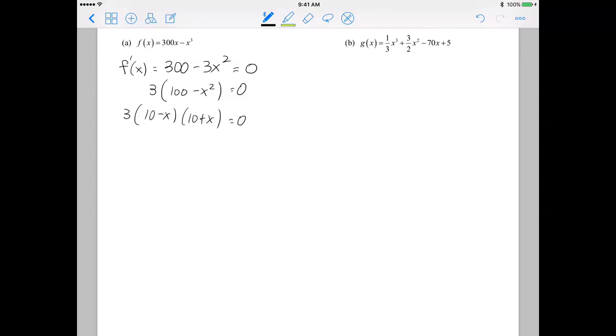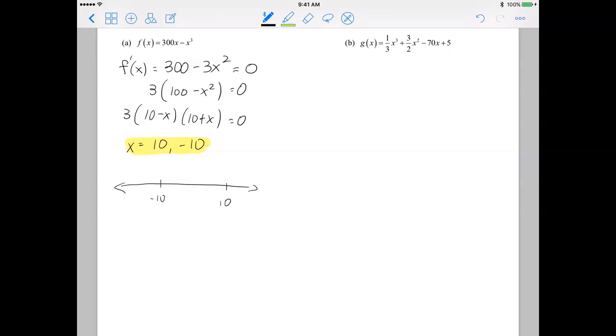Okay, and what that does is it really helps me to see what exactly the critical points are. I can now see that the critical points are 10 and negative 10. Okay, so what I'm going to do with those points, because I'm not sure if they're maxes or mins yet, is put them on a number line and then test intervals to see if the derivative is positive or negative in those sections.